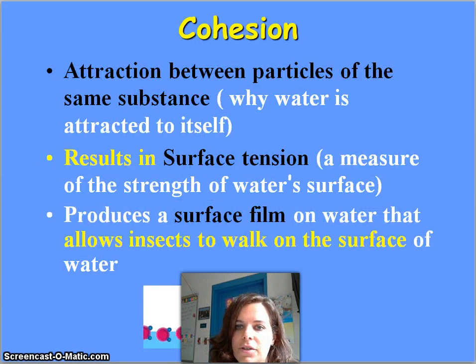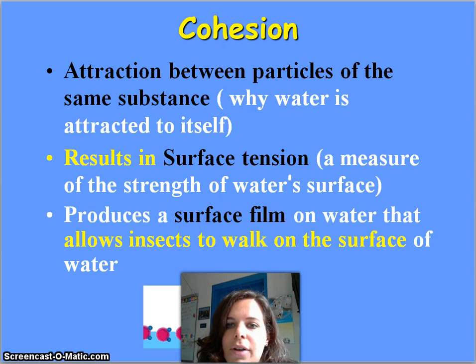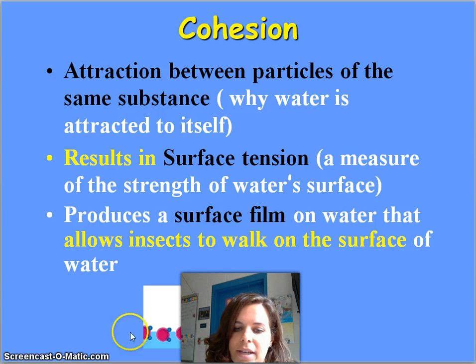The first is cohesion. Cohesion is the attraction between particles of the same substance, meaning that water is attracted to itself. This results in something called surface tension, meaning the strength of the surface of the water. And this produces a surface film, as you can see here with these water molecules, so that even insects are able to walk on the surface of the water because of this really high surface tension.